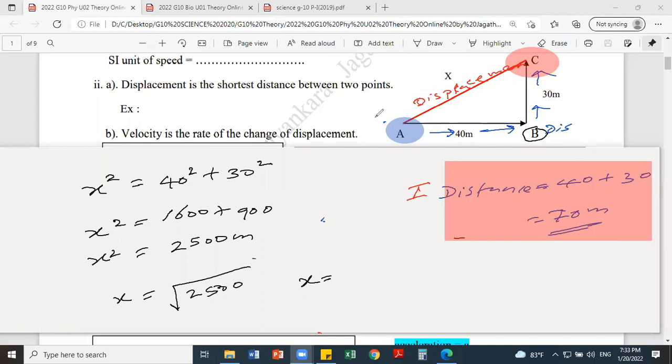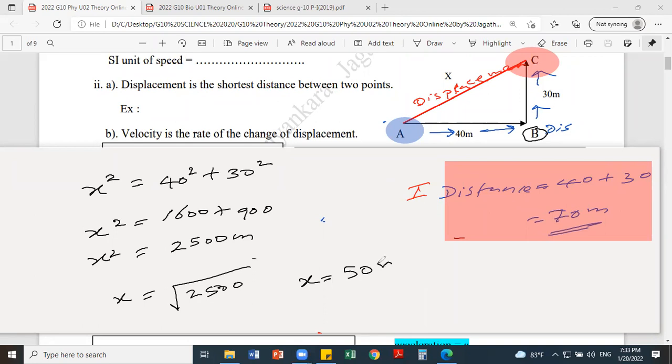So run the calculation and let me know the answer for X. Any volunteers? Maritma, Sandusha? 50 meters. Yes, all of you got the same answer. Very good. 50 into 50 is 2,500, so the answer is 50 meters.